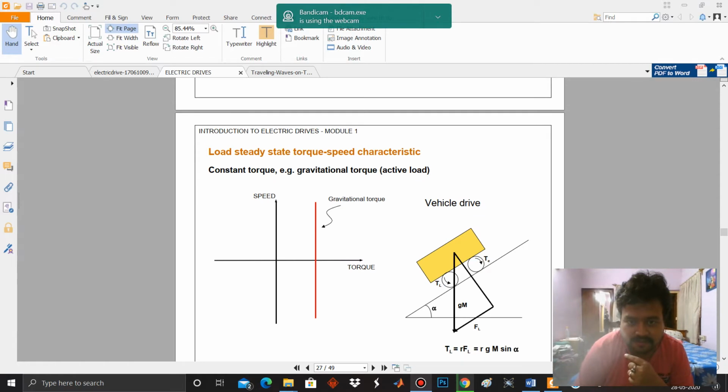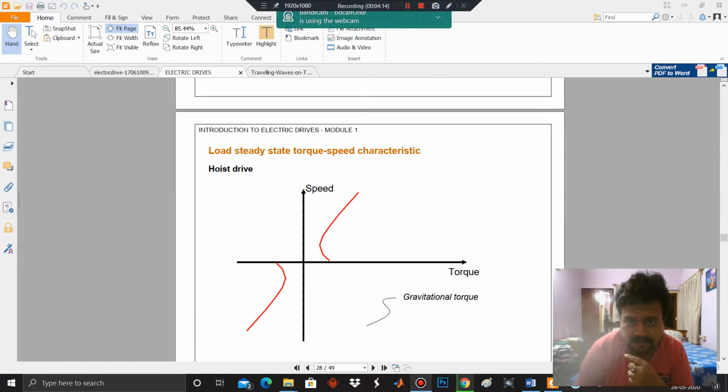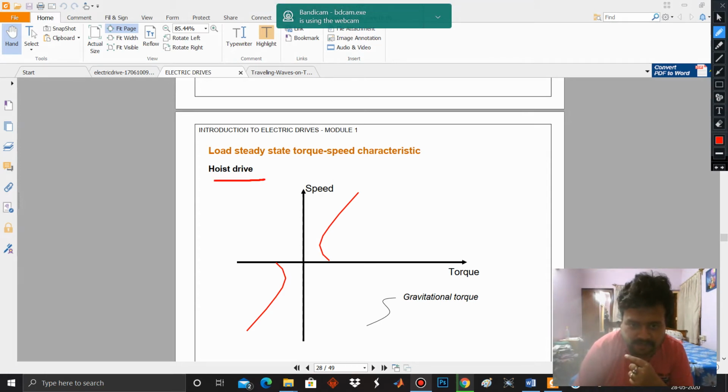So this is a gravitational drive. Now this is the example of a hoist drive. So you see, this is the characteristic. First the torque decreases with speed, and then again it increases.